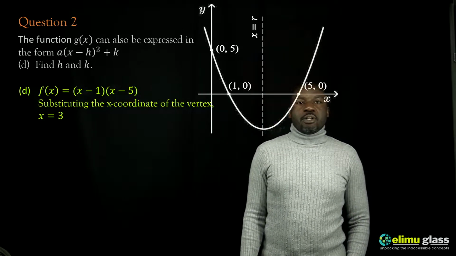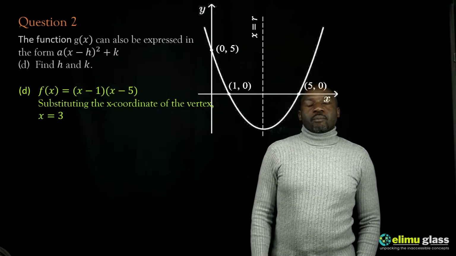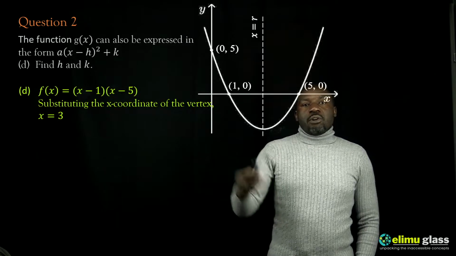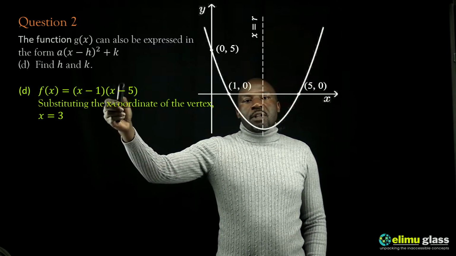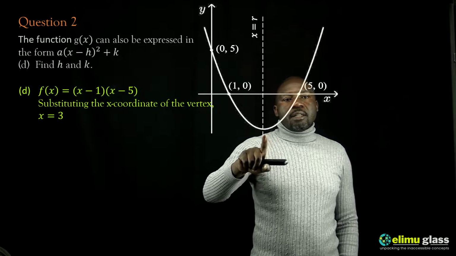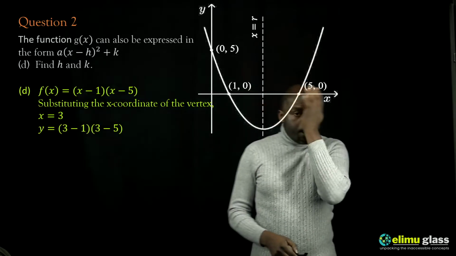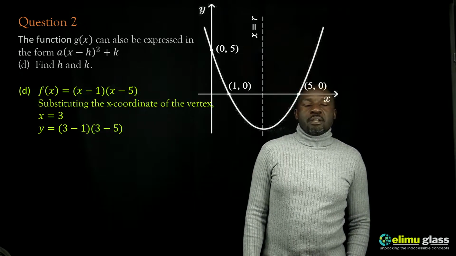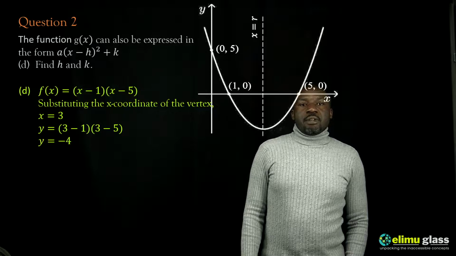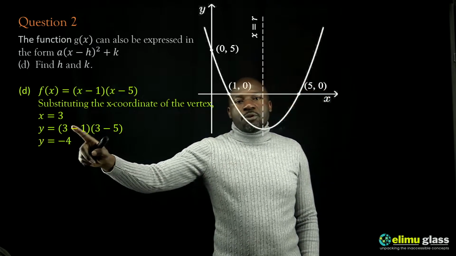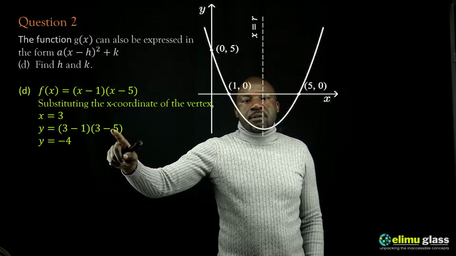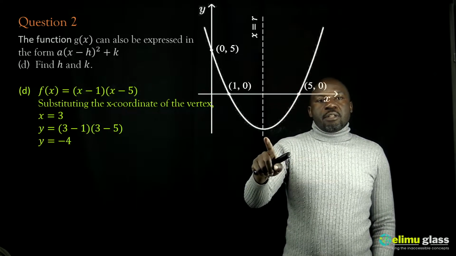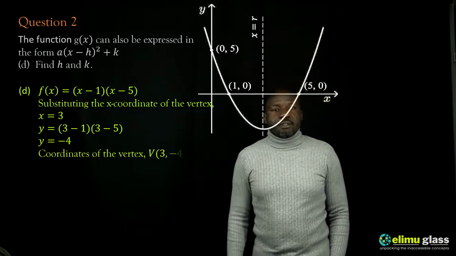We substitute the x-coordinate of the vertex, which is 3, that we just found earlier. So in place of x, we put the x-coordinate to find the value of y at the vertex. Substituting 3 there, f of x is 3 minus 1, times 3 minus 5. That is positive 2 and that is negative 2, so the y value is going to be negative 4. So the coordinates of this point are 3, negative 4.